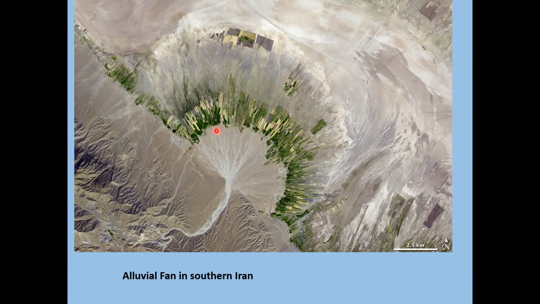And these can make pretty fertile areas, if you can get water on them. So what they do is they irrigate, and that's what you're looking at here. Anytime you see perfectly straight, angular, rectangular, or square patterns, you know that there's some human activity involved here.